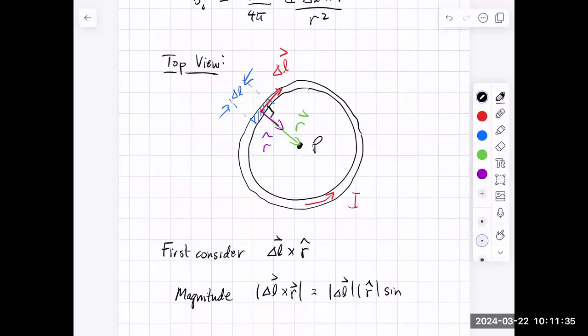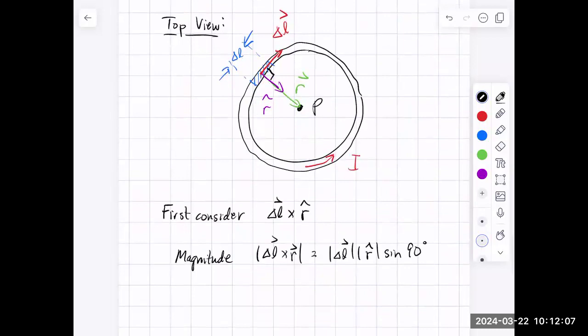90 degrees, okay? So this is going to be 90 degrees. What if I had chosen a different position for our little current segment? Maybe I could have chosen it at the right edge of this loop. What would the angle then be? 90. No matter where I put my little current segment, in this geometry, the angle between delta L and r hat is always going to be 90 degrees.